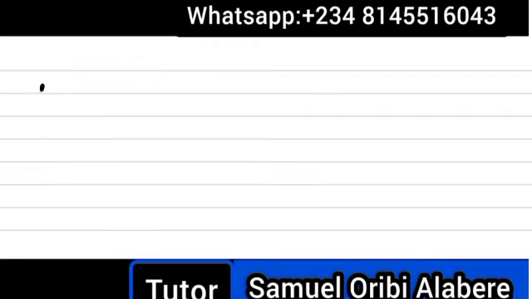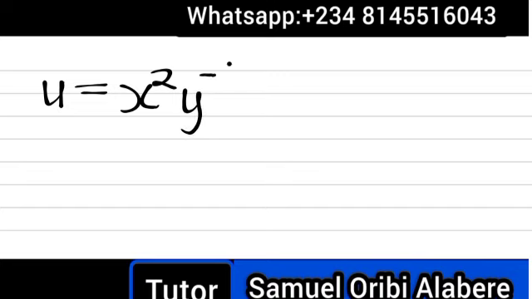So in order to simplify this function of u, we are going to say that u is now equal to x raised to the power of 2 times y raised to the power of negative 1, which is the same thing as 1 all over y.